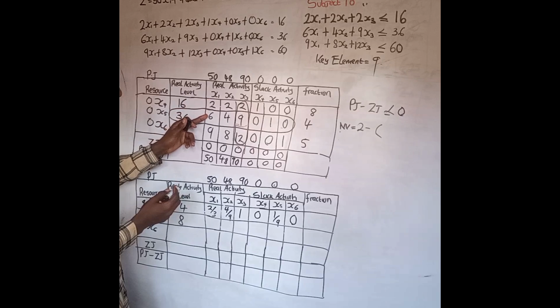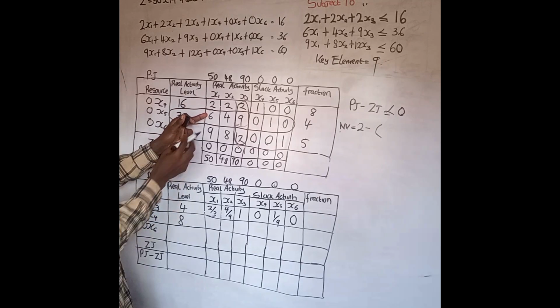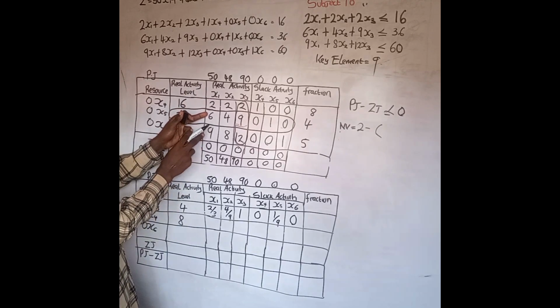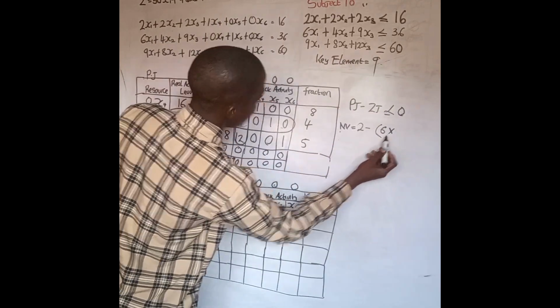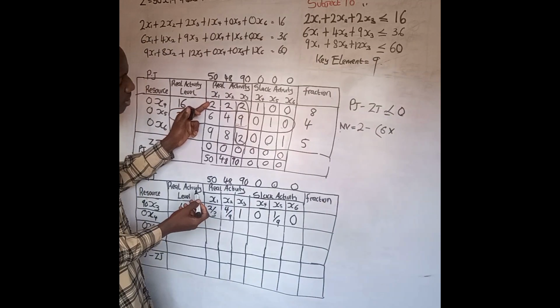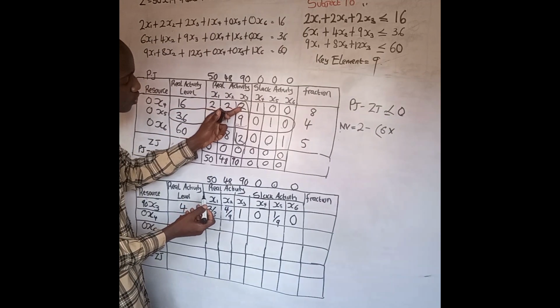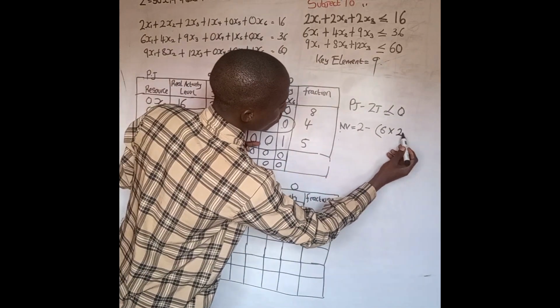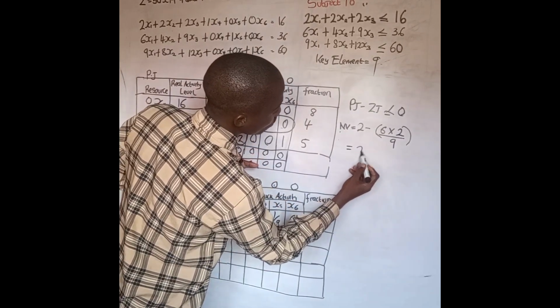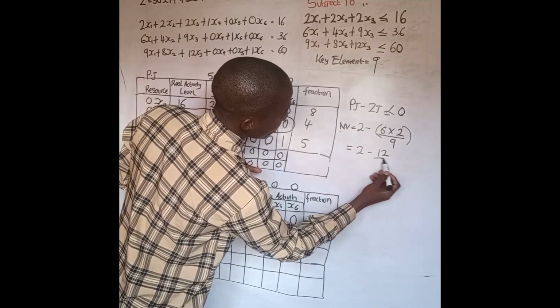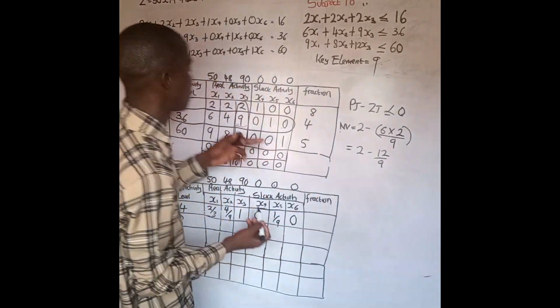When you trace it downward, the key element that falls where 2 lies is 6. Multiplied by, if you trace it, the corresponding key column element, which is 2. So I'm going to have 6 multiplied by 2 all over the key element, which is 9. So I'm going to have 2 minus 12 over 9.